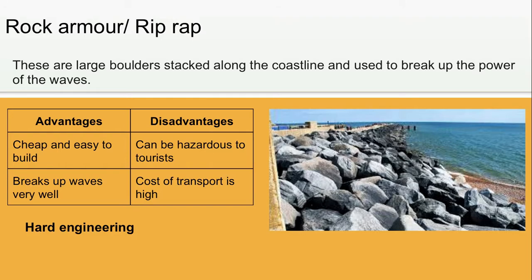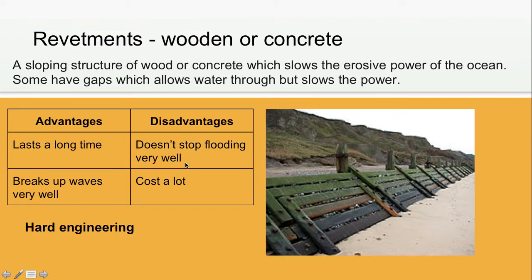Cheap and easy to build, but actually getting the rocks to the beach, where it's needed, is an expensive process, okay? And it can be quite hazardous because you can fall down those, break an ankle. You can also maybe slip while on them, okay? Revetments last a long time, break up the waves. Doesn't stop flooding so great though, because it'll just go over or go through, and it costs a lot.